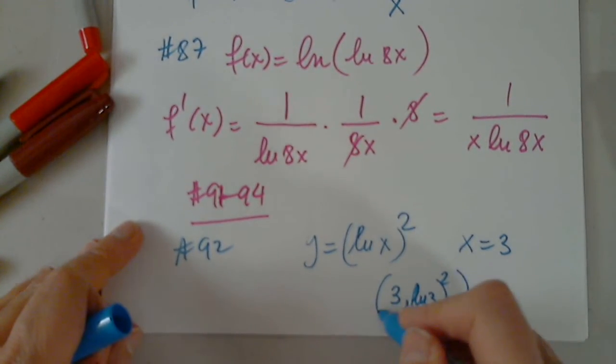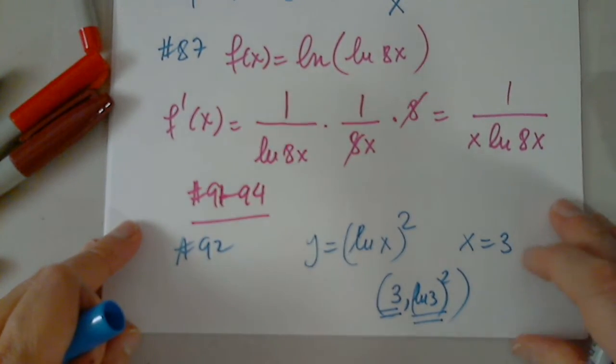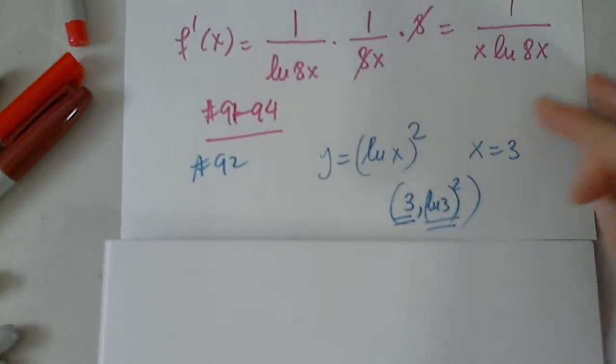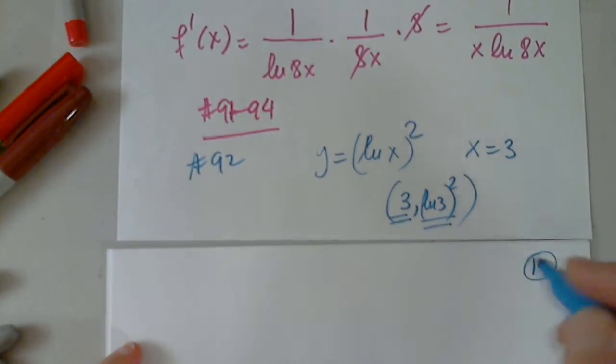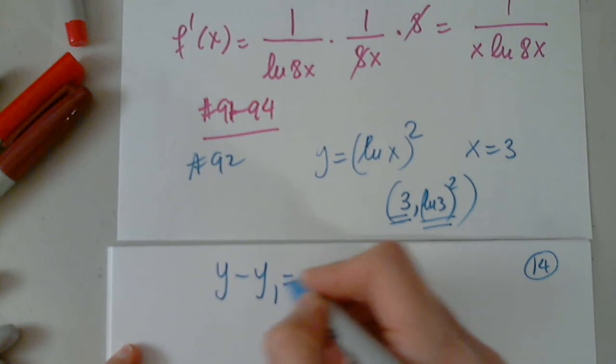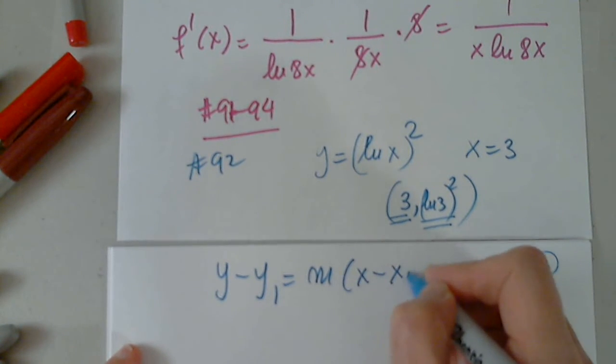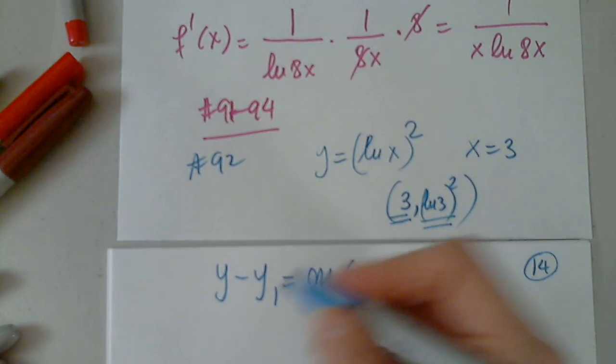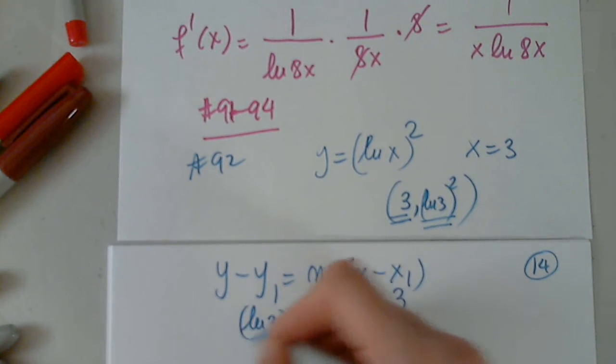So this is the point. This is the x, and this is the y value. Because if I want to determine the equation of the tangent line, I have y minus y1 equals the slope times x minus x1, where x1 is 3, and y1 will be natural log 3, everything squared.